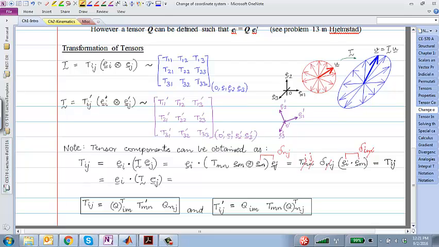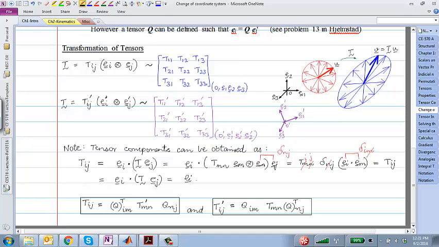No surprises there. All I showed you was that just like for a vector, if we take a vector and dot it with its basis vector E1, we get V1. In the same way, if I take a tensor and pre-dot it with Ei and act it upon Ej, I get the Tij component. But now I'll express the same tensor in a different coordinate system.